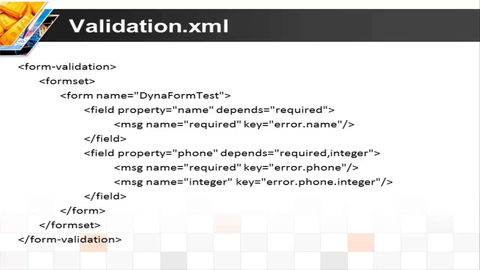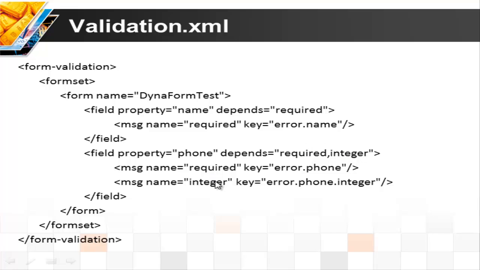Okay, it's required if you want to show it. Then specify the field property, one more field. For example, the field name is name. Next one is phone. Phone is required. Phone must be integer.